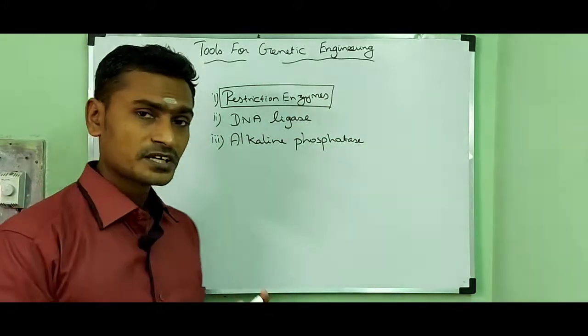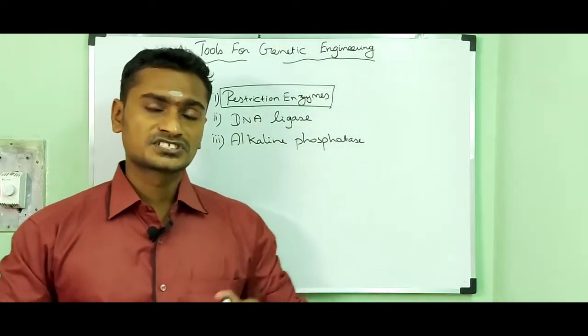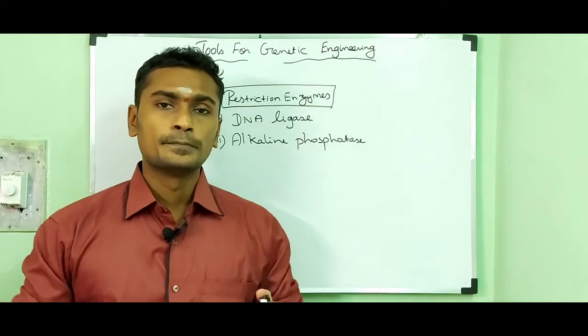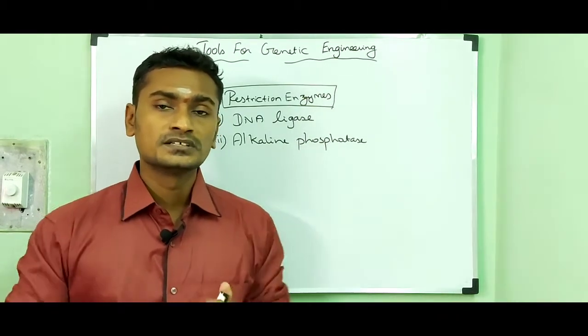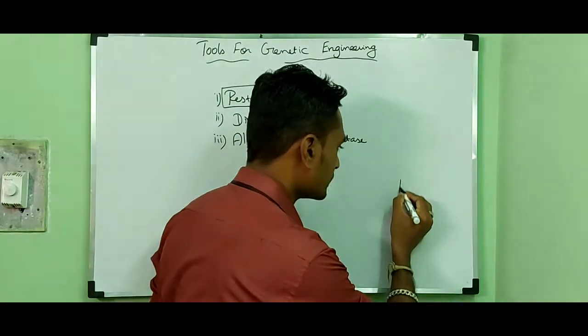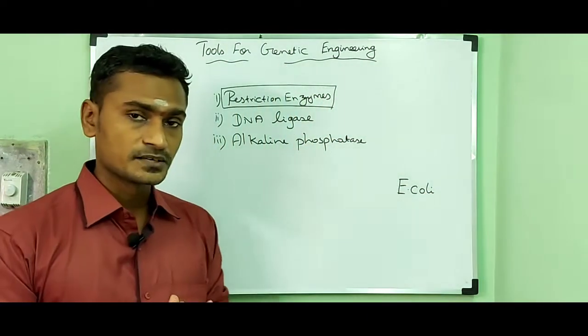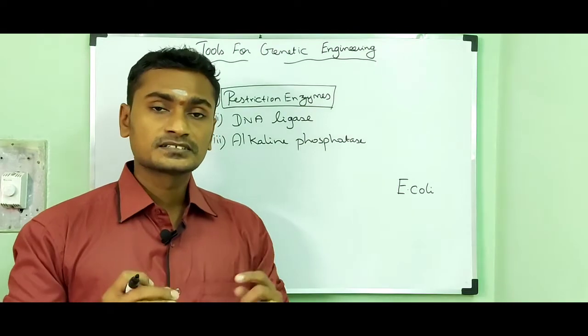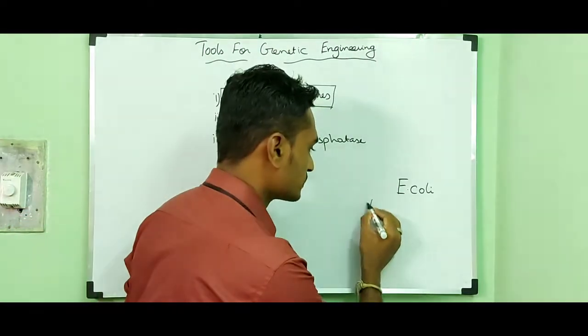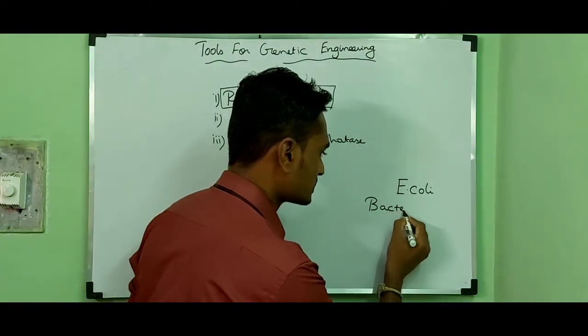There are two types of enzymes found in the bacteria E. coli which can restrict the growth of bacteriophage. Bacteriophage is nothing but a virus.